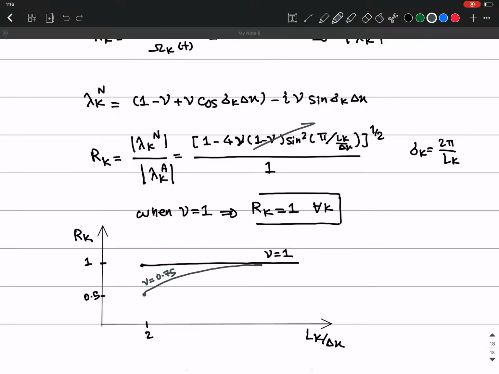And so this term is going to become 0, and so R k is going to be 1. So if nu is 0.5, then you will have something like this. Let me do it with another color.